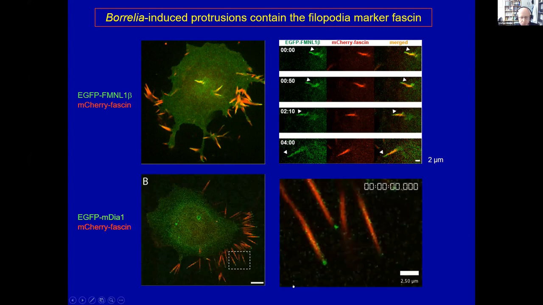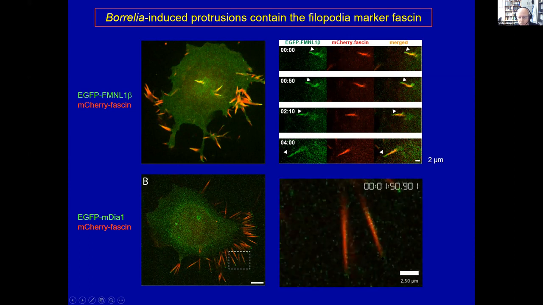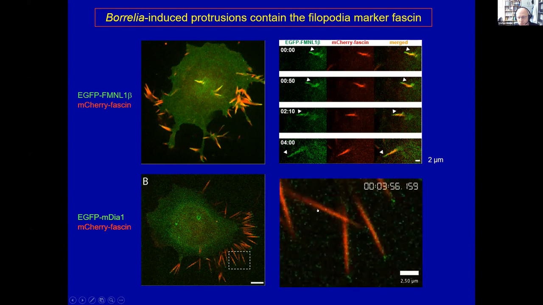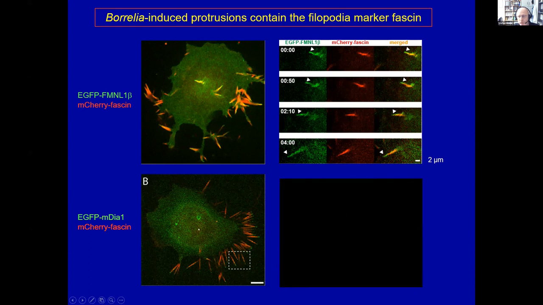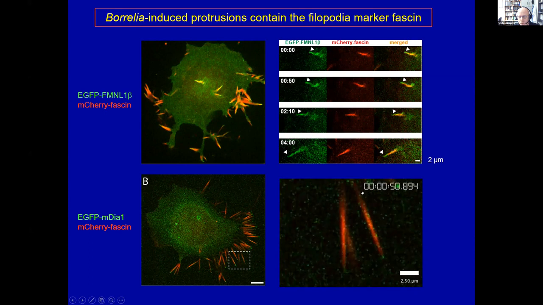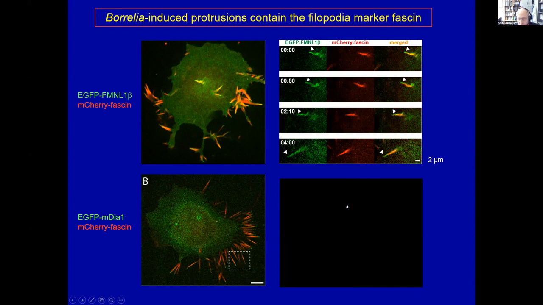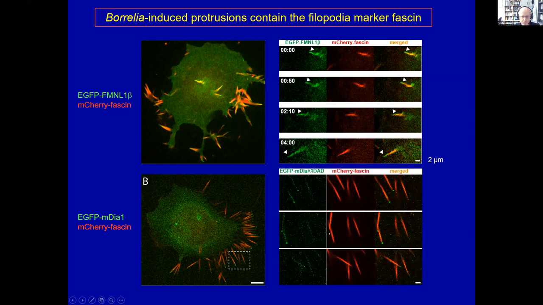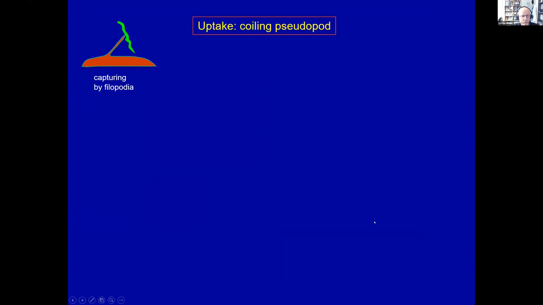And here again, the same for mDia1, just to illustrate the very different localization at the tips of these filopodia, and also showing that these filopodia are very rigid structures that really do not bend, but rather move as a complete structure to the side. Again, here seen in the gallery image.